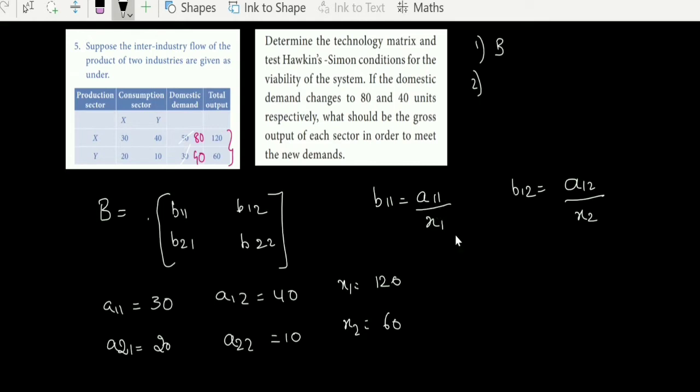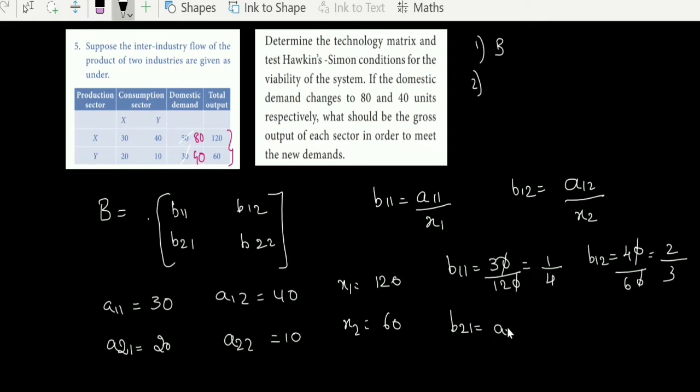So let us find B11. A11 by X1, that is B11 is 1 by 4. What is B12? A12 40 by X2 is 60. So this is 2 by 3. Then B21 is A21 by X1. A21 is 20 by X1 is 120. So that is giving you 1 by 6.